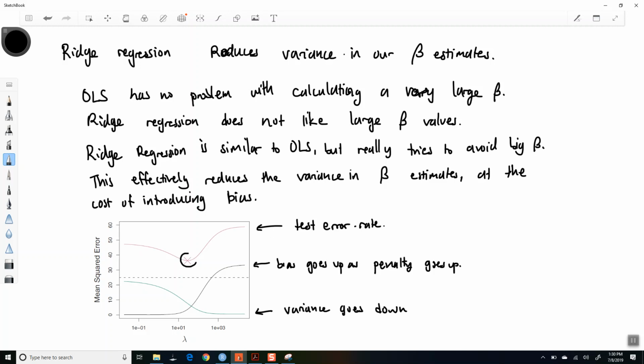And this is kind of minimum achieved with reduced variance and a little bit of bias.